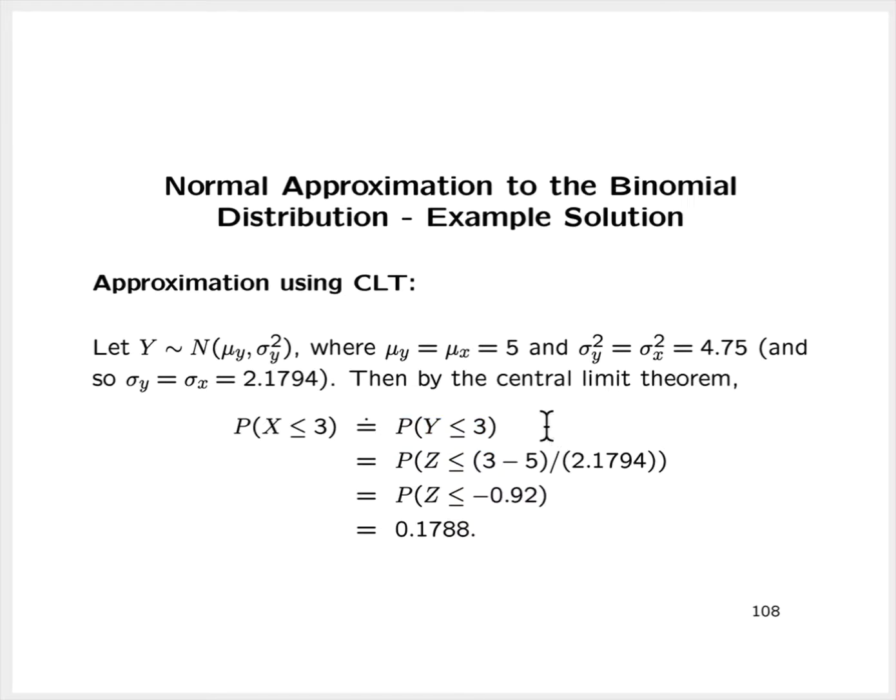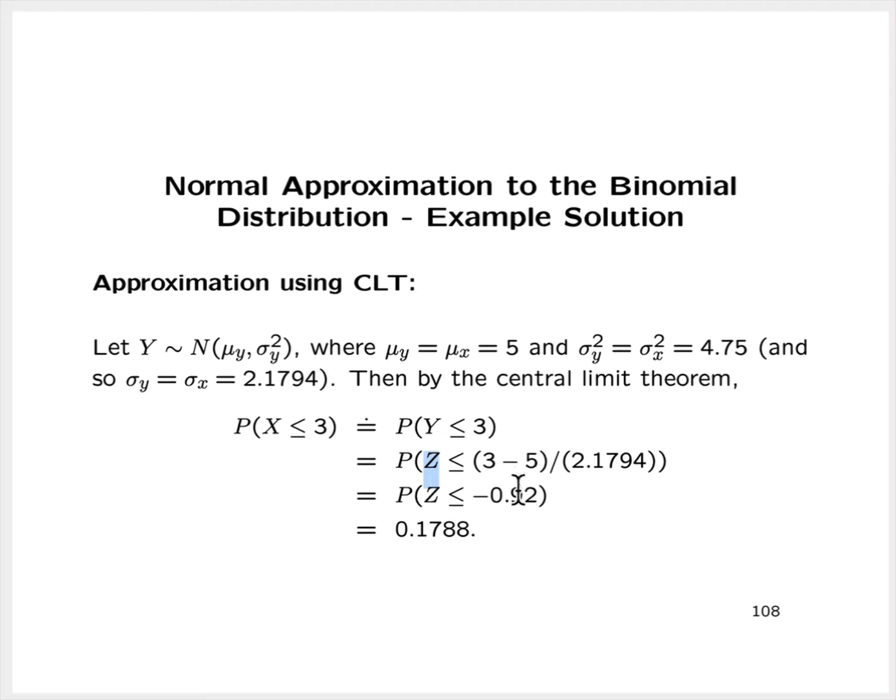Now, we know that when we compute probabilities involving a normal random variable, we standardize everything inside the parentheses by subtracting the mean from each side and then dividing the differences by the standard deviation. If we standardize everything inside the parentheses here, then we get the standard normal random variable z, right? When we standardize y, a normal random variable, we get the standard normal random variable.